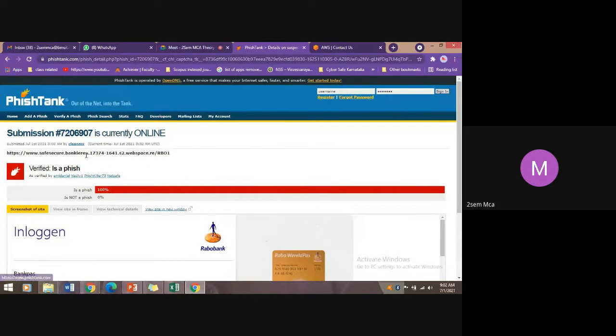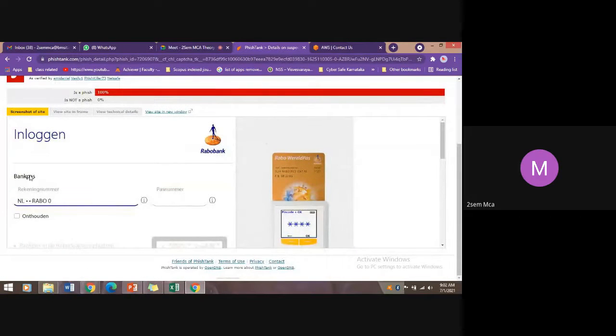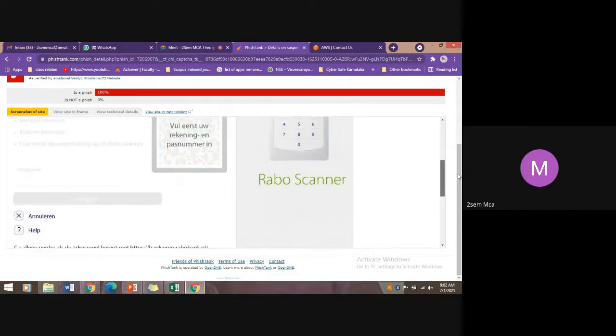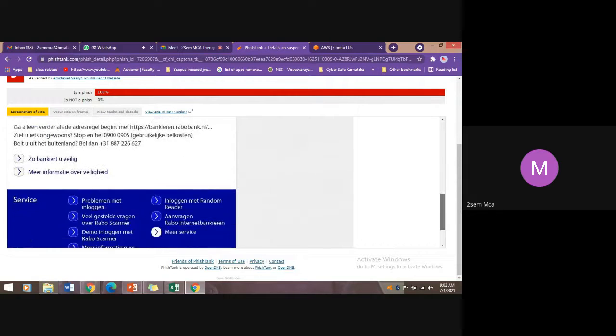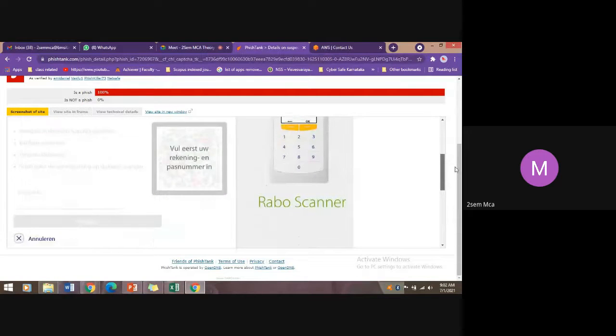See here, it is a phish. The submission is currently online. It is online, still working. It is verified. It's a phishing attack. A bank page, it is in the Netherlands. So it is a phishing website. You can come to know this in PhishTank just by analyzing the information present in it.